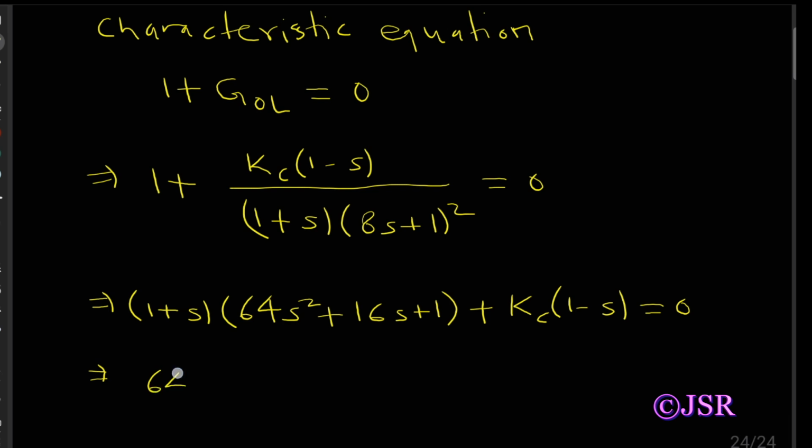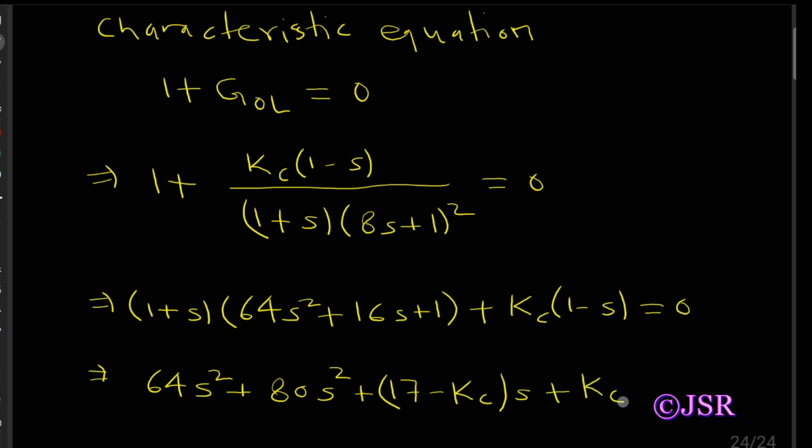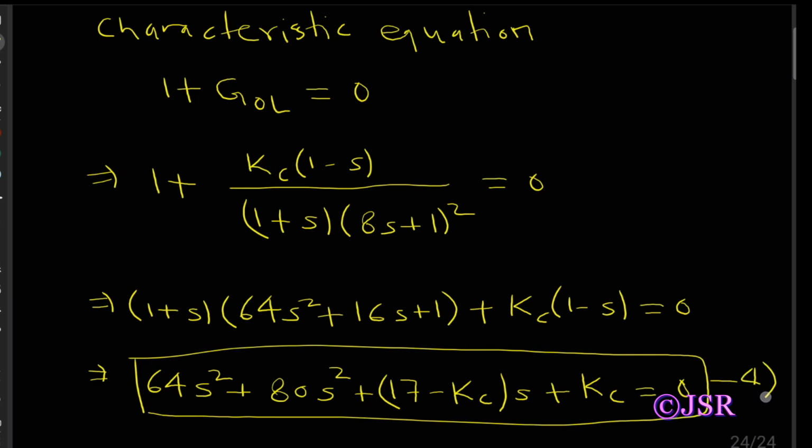Further simplifying we will get 64s cube plus 80s square plus (17 minus Kc)s plus Kc equal to 0. So this is the characteristic equation, which is given by equation number 4.